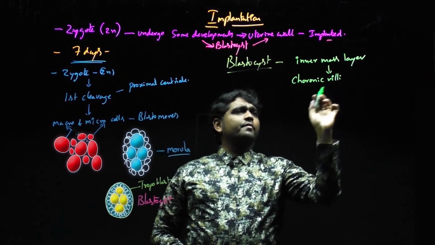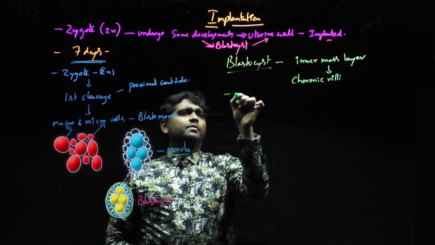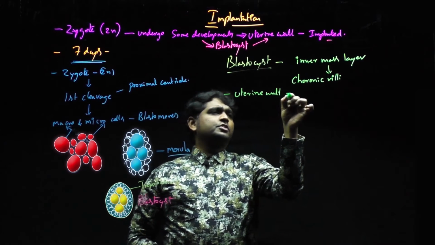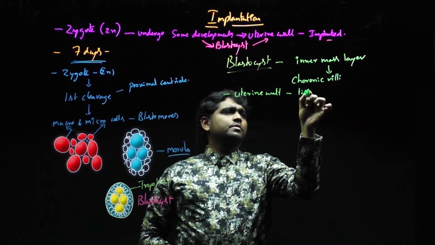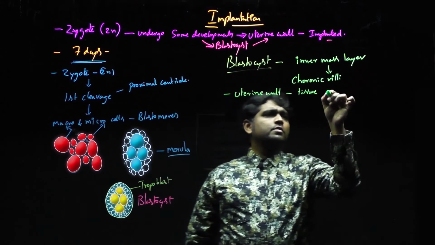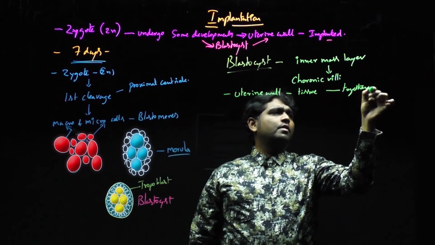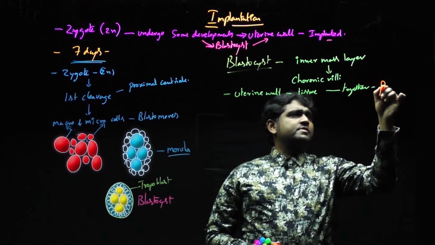These chorionic villi and the uterine wall tissues lock together and form a structure called the placenta.